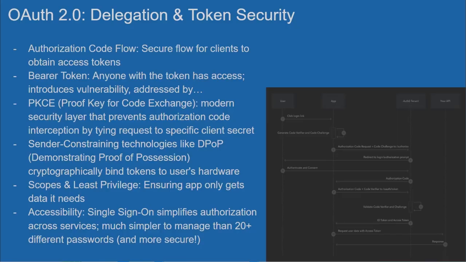OAuth 2.0 has been moving towards PKCE, in addition to bearer tokens, which is proof key for code exchange, which ties things together: when the app starts a login process, it creates a temporary code, which when it then asks you for the bearer token, it has to prove it knows, like an additional secret handshake on top of the bearer token being transmitted.